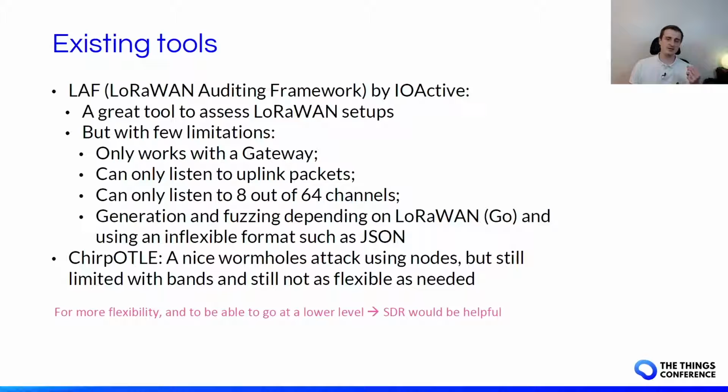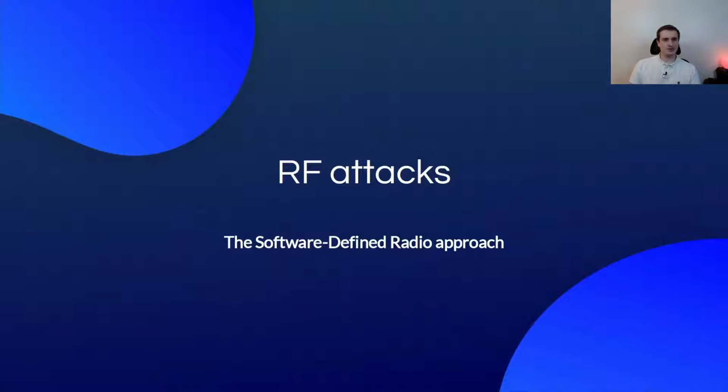But because of the limitations of the tools that were made public, we have developed our own tool based on software-defined radio in order to have more flexibility. We have also developed our tool on top of this base to have as much flexibility as possible. So let's talk about RF attacks now.